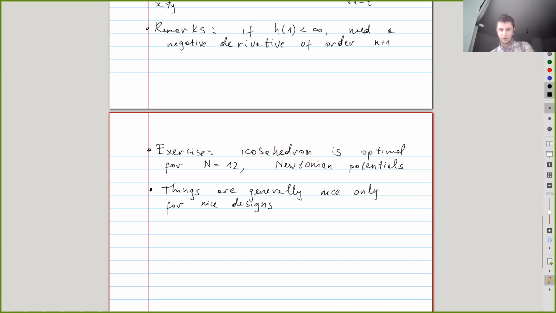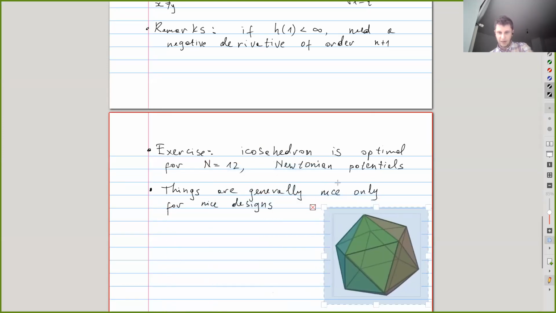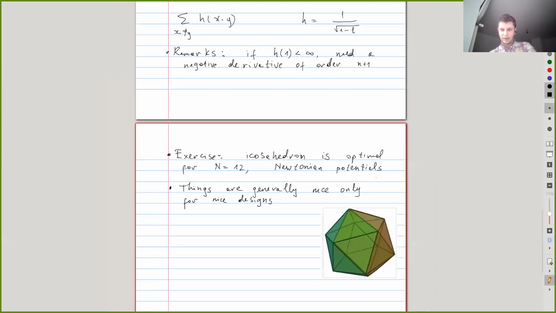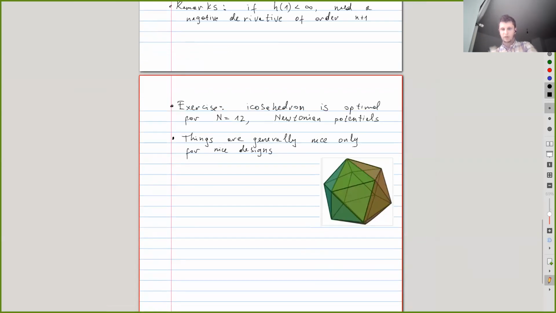An icosahedron is just too good not to optimize anything you can think of, not necessarily an absolutely positive function or anything like that. It just optimizes anything you can think of, right? And if it doesn't, well, then you're out of luck. Then you have a bad interaction. Then you have to think about other means. So basically, these are the limitations of linear programming.